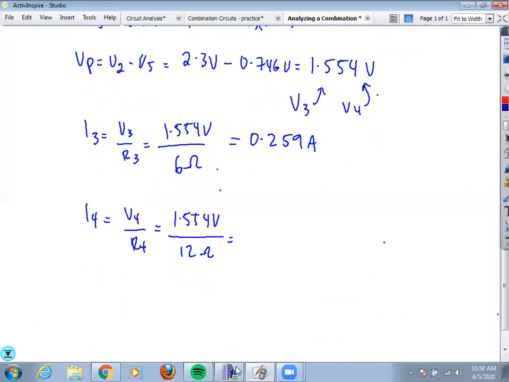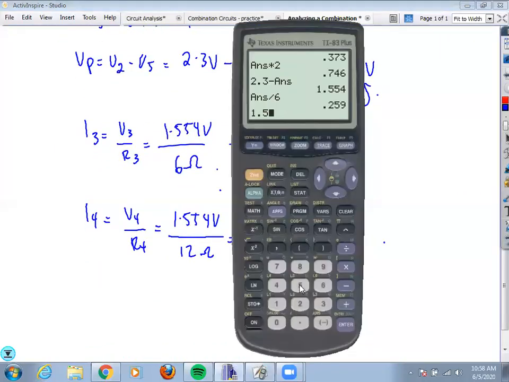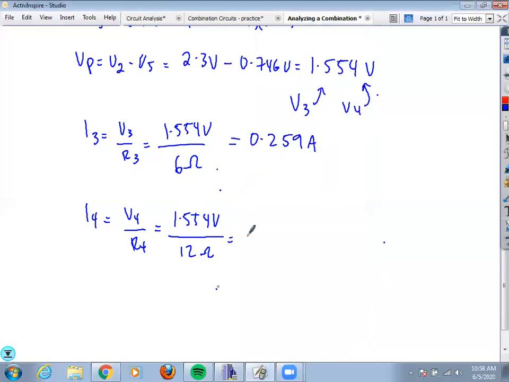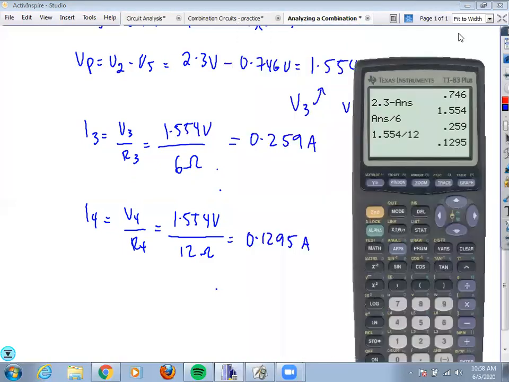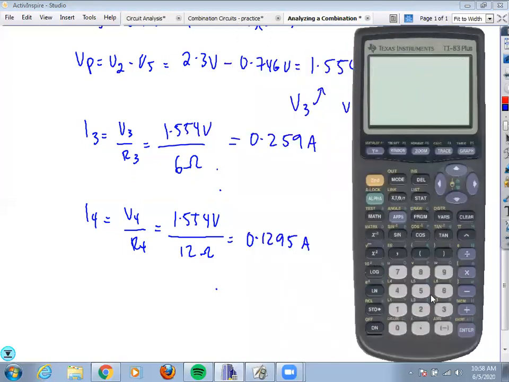So 1.554 divided by 12, and we get 0.1295. So we can check just to make sure here. 0.259 plus 0.1295 gives us 0.389, which is close enough. Computer rounding.